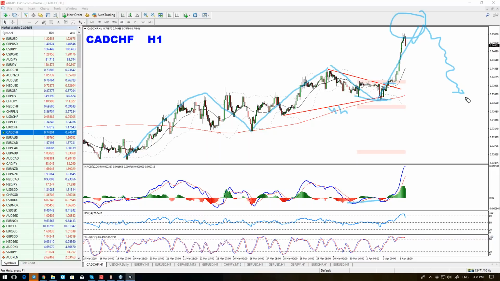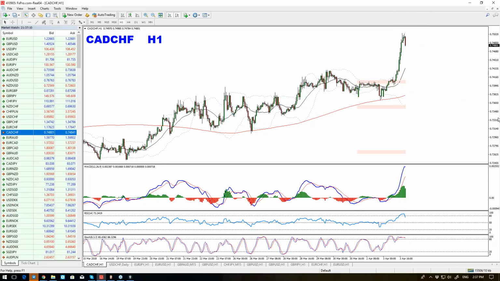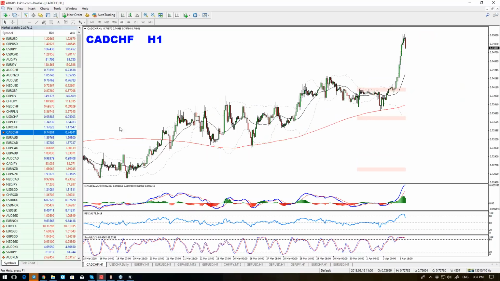And the combinations of the time frames we are working with are the 4-hour and the 1-hour. Okay, so this is our last entry for CAD franc, which gives us a very nice payout, basically, for the beginning of the week.